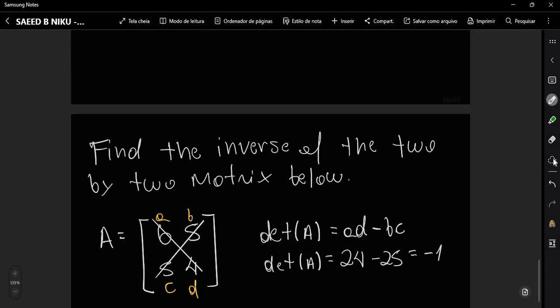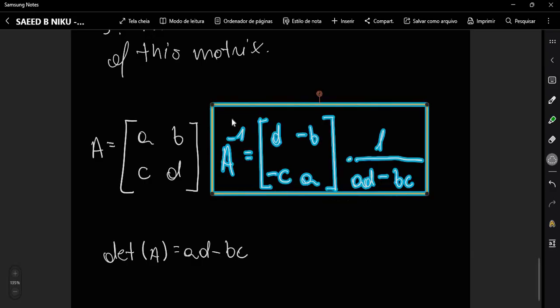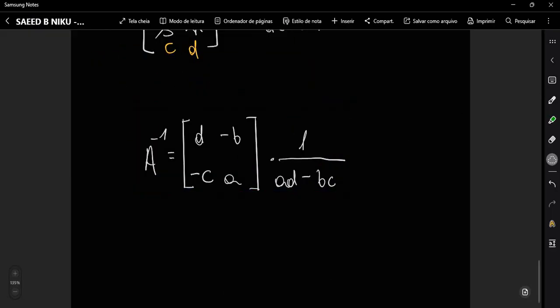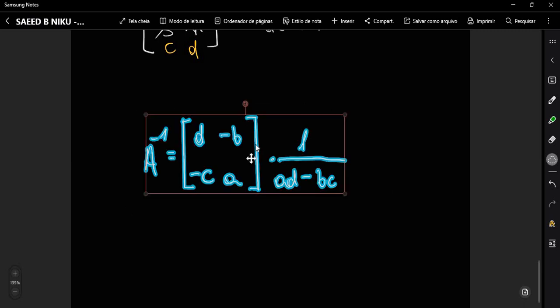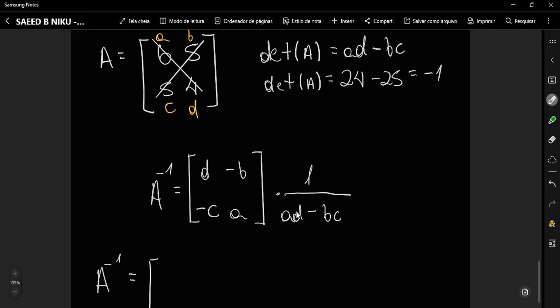Now let me copy this algorithm. For the inverse, let's swap D and A positions.